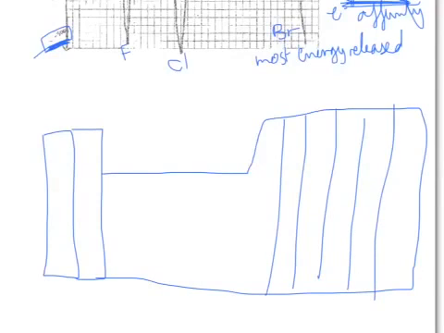Okay. So these are your transition metals here. This is group 1, group 2. If you look at group 1, they end with S1. Group 2 ends with S2 in their electron configurations.